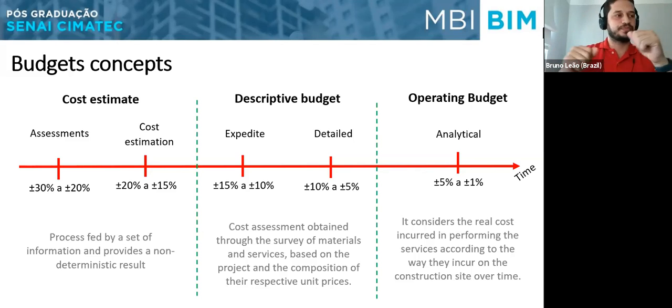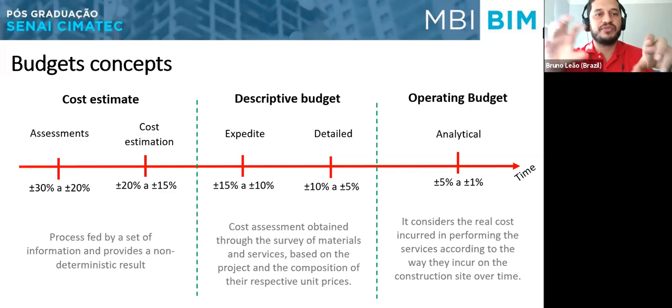When the project evolves, we can refine the model and the project, and we have more information. So this percentage error tends to be less. In the descriptive budget, we have plus 15 to plus 5 or minus 15 to minus 5% of percentage error, reaching more or less 5% or 1% of error.